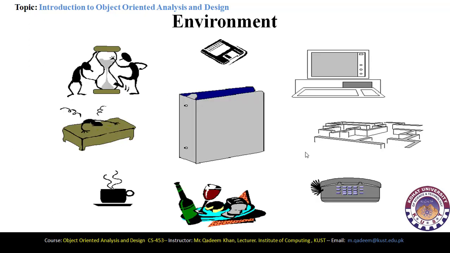Now in daily life, we also have other objects. For example, computer is also an object. Similarly, different slots in the office are also different objects. Telephone set is also an object. Similarly, this is a folder which is also an object.